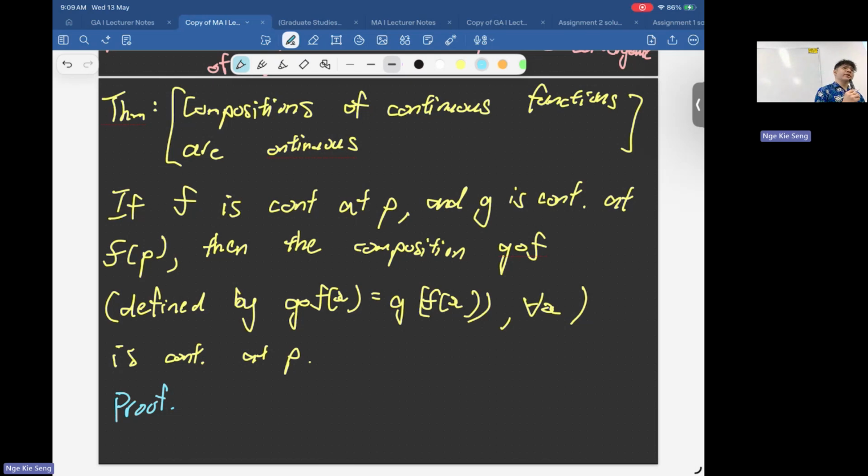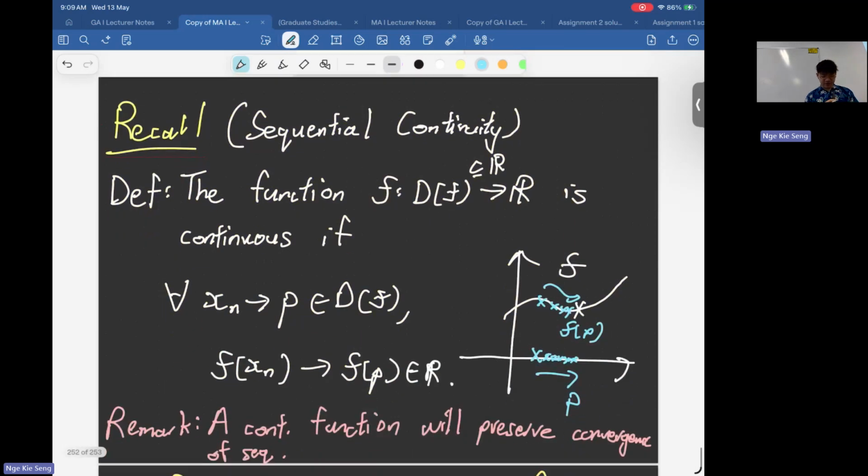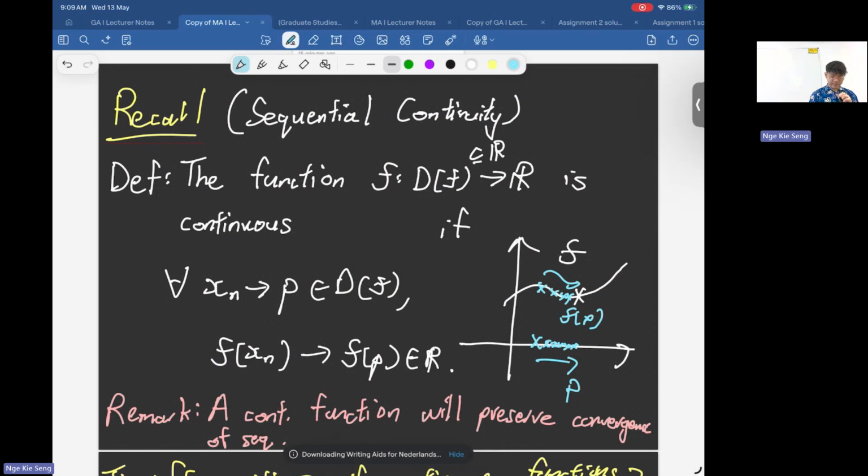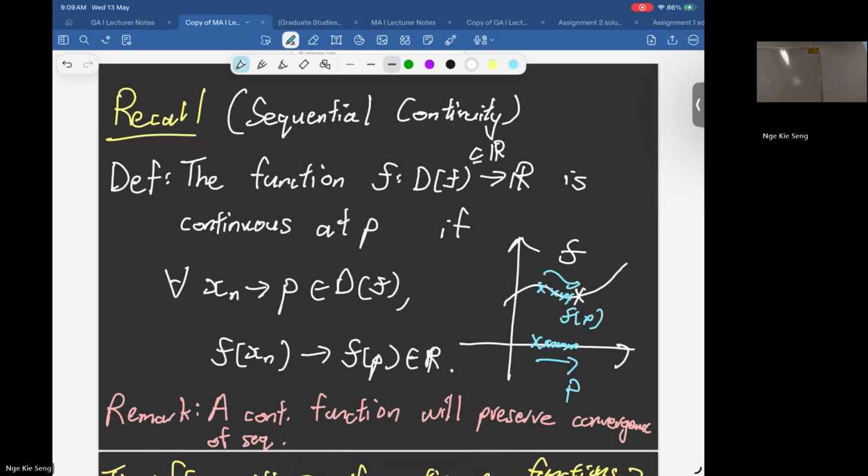How to start? Where is your domain? Where is your codomain? I didn't tell you, so maybe the domain could be the reals, or some other subset of the reals. It doesn't matter. But you want to show that it's continuous at P. Actually, I should say that this definition is continuity at P, because we are looking at sequences that go to P.